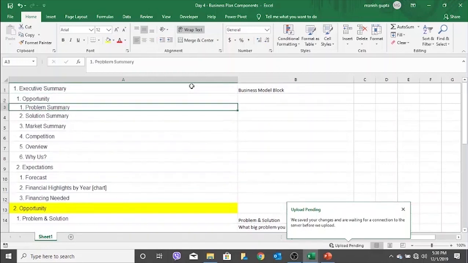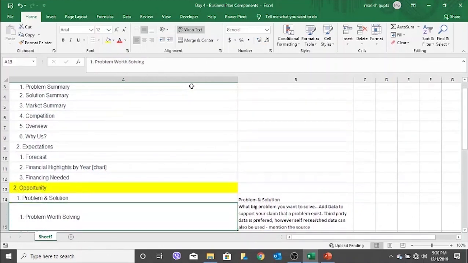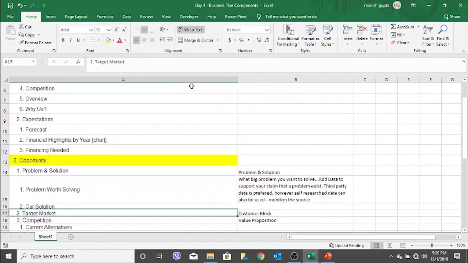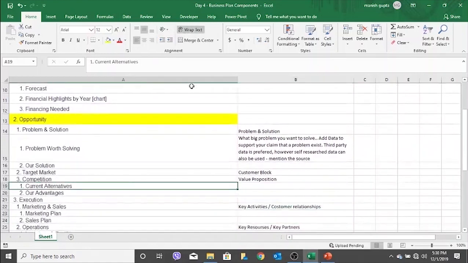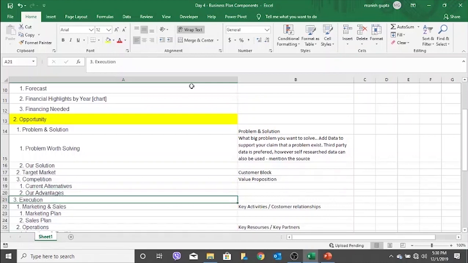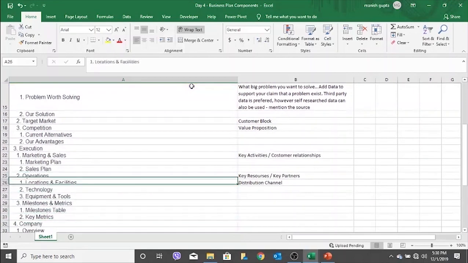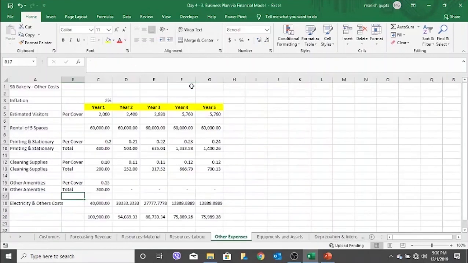Executive summary, 2 to 3 pages, and then after that you need details for the opportunity, more details about the problem worth solving, and then what kind of solution you want, what is your target market, what is your competition, current alternatives, your advantage, execution, how will you execute this idea, your marketing and sales plan, then your operations, location, facilities, technology, equipment and tools. You see in the Excel file we have already done this, right?